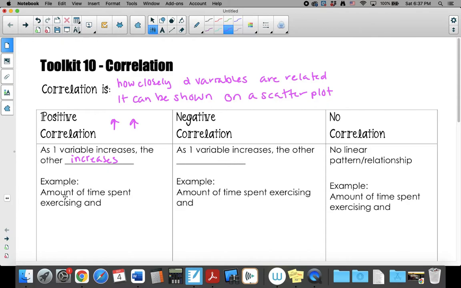If we spend time exercising, that would be increasing. What else would also increase? Maybe the number of calories burned would be positive correlation because as one increases, so does the other.